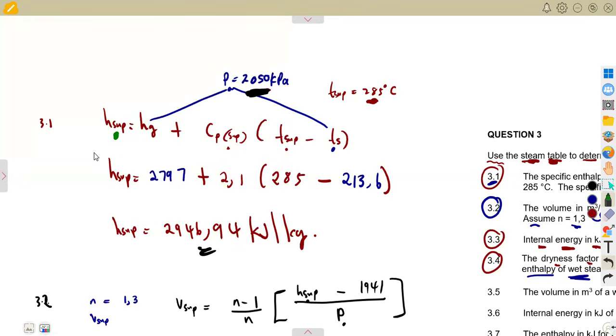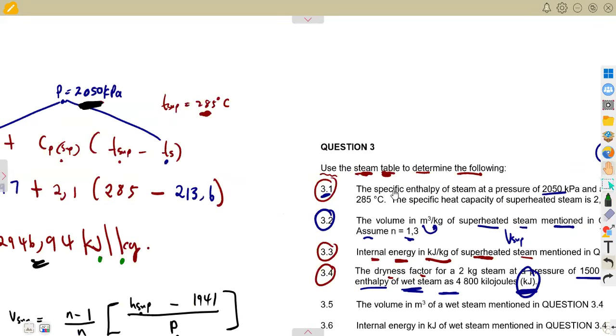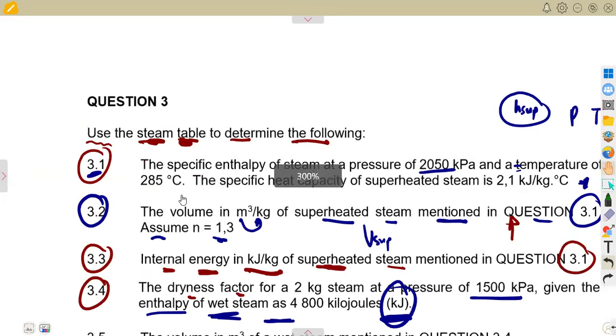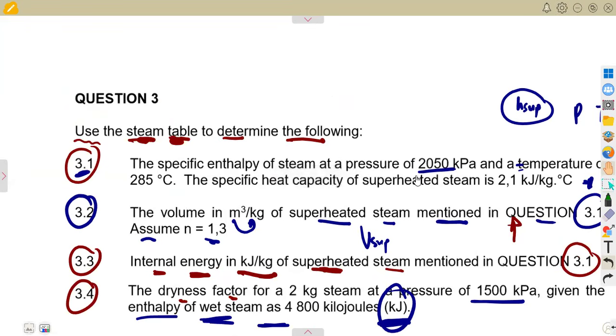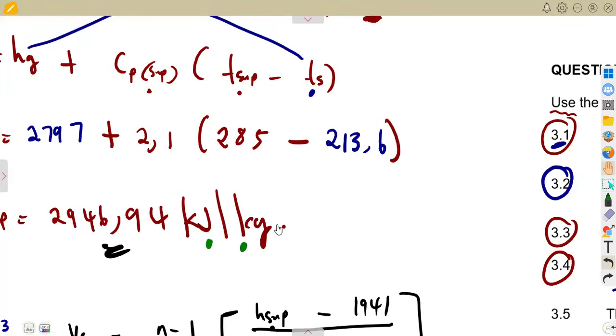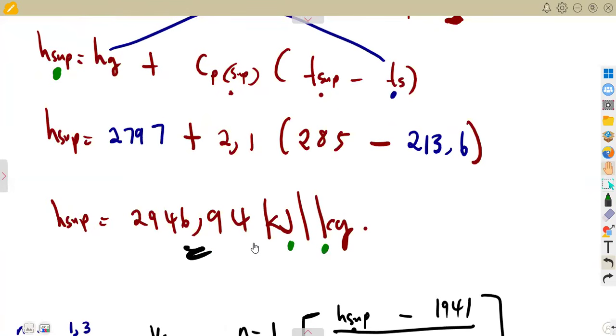Whatever we got, it was kilojoules per kilogram, that is per given mass, because we are not given the mass of that steam. So the answer is supposed to carry kilojoules per kilogram. Kilojoules per kilogram means the mass has not been used.